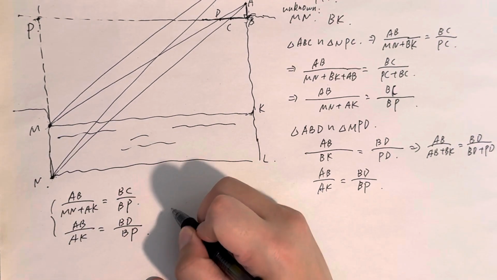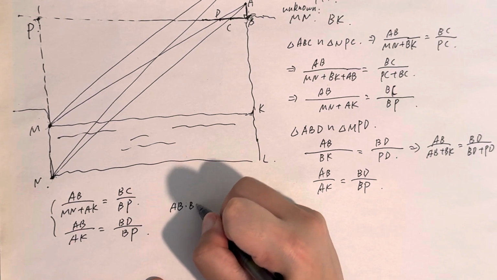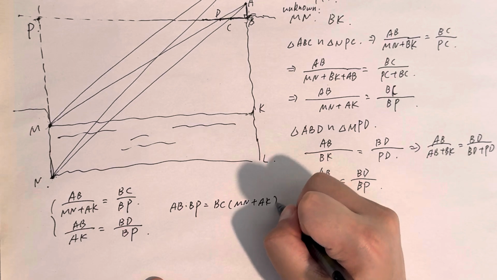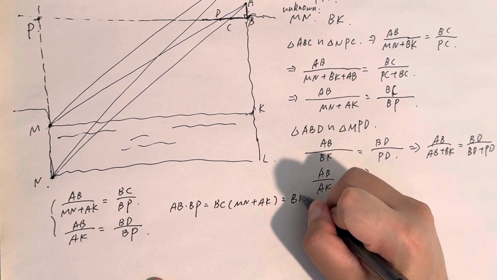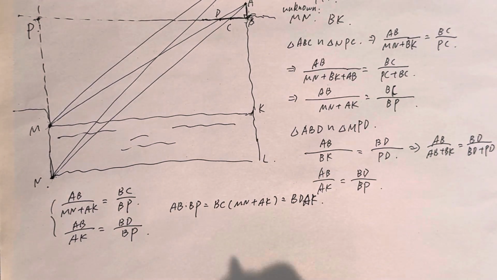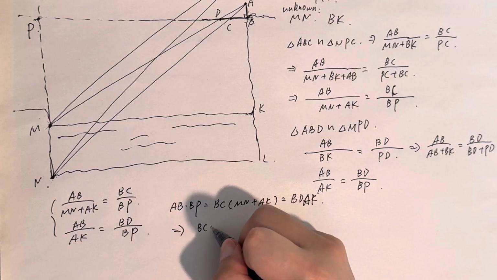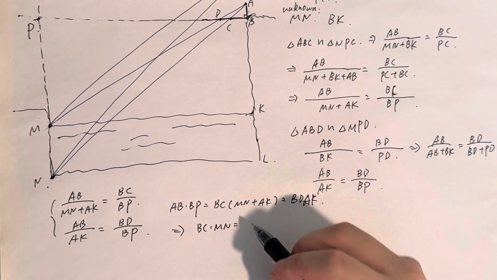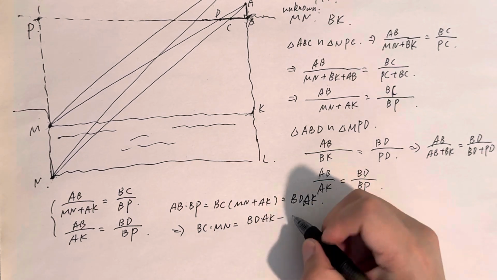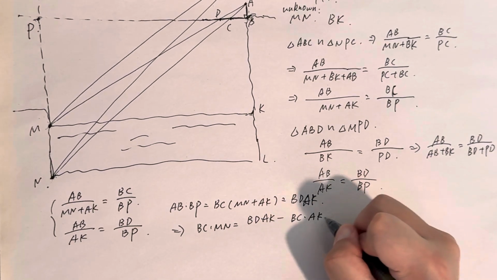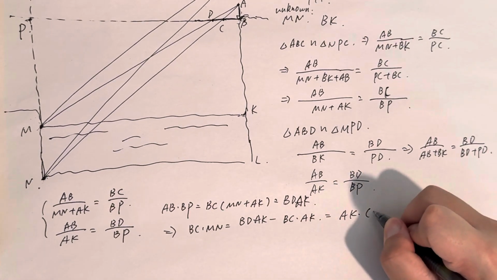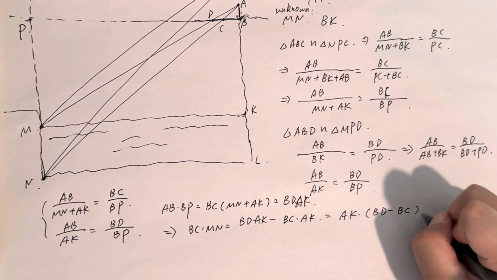Then we get AB times BP equals BC times (MN plus AK) equals BD times AK, which means BC times MN equals BD times AK minus BC times AK, which equals AK times (BD minus BC).